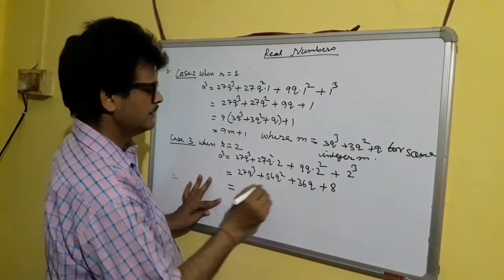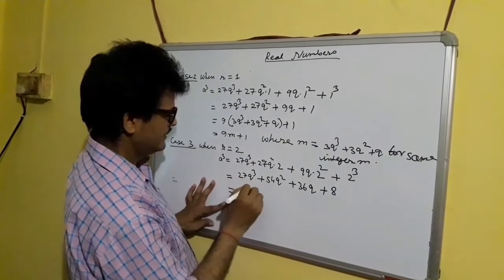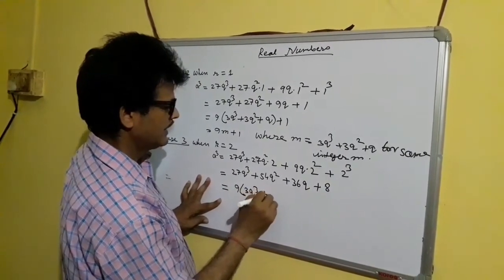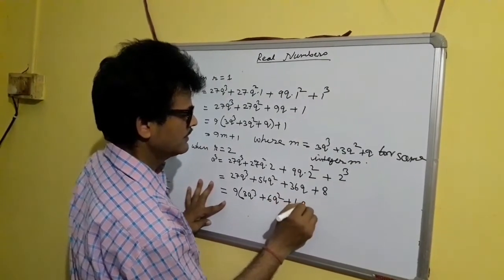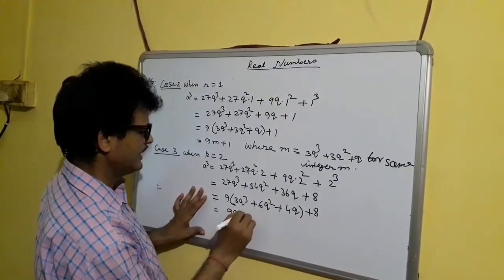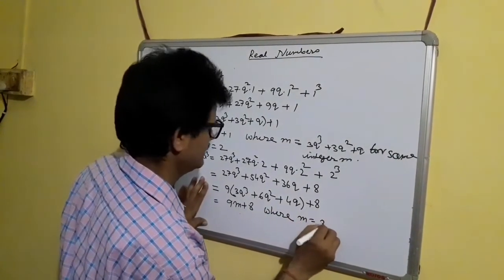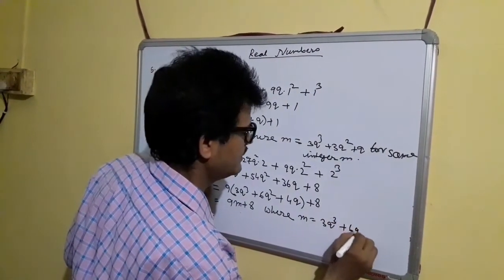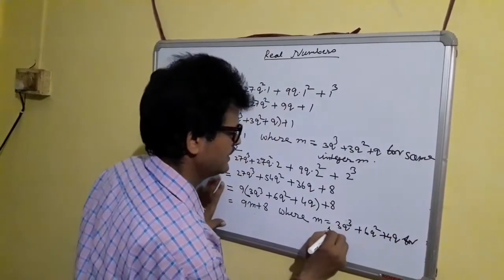Now from the first three terms again we can take 9 common: 3q cube plus 6 q square plus 4q, plus 8, which is equal to 9m plus 8, where m is equal to 3q cube plus 6q square plus 4q for some integer m.